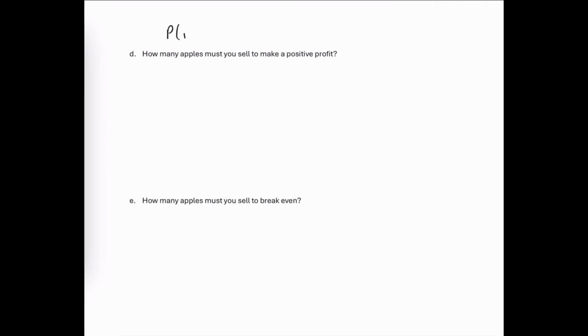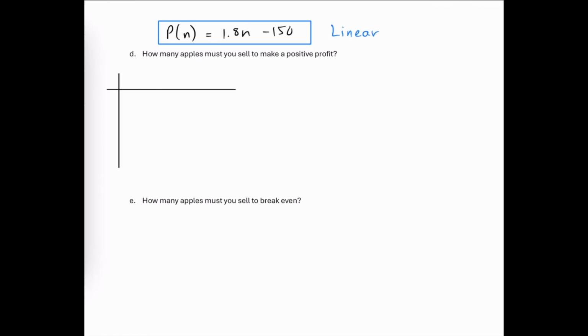Again, our profit function is 1.8n minus 150. And let's notice that this is a linear function that can be graphed on a Cartesian plane to give us a little bit more context. The vertical axis is going to represent the profit, and the horizontal axis is representing the number of apples that we sell.